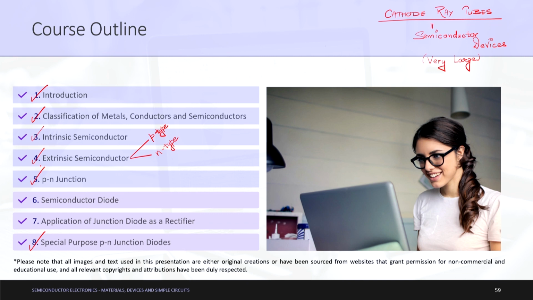Then we understood the p-n junction. In this p-n junction we also understood concepts such as the depletion region and so on. Then in the sixth topic, that is semiconductor diodes, we understood what forward biasing is and what reverse biasing is.